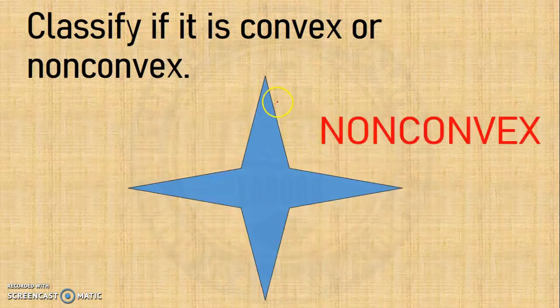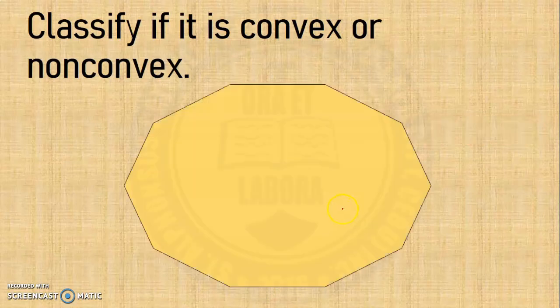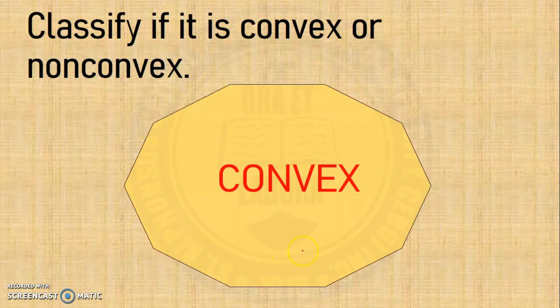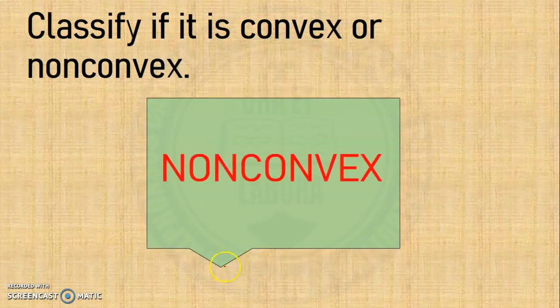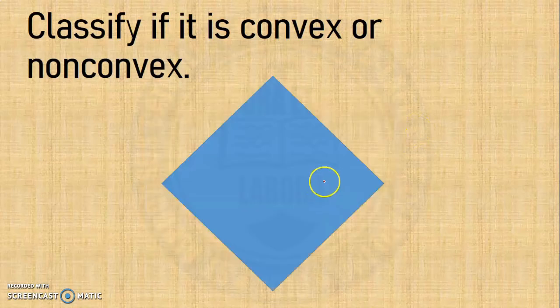This is also non-convex because if we extend this side, we can have lines in the interior part. This is convex because if you extend all sides, we cannot have points in the interior part. This is non-convex because if you extend this side, you can have lines in the interior parts. And this one is convex.